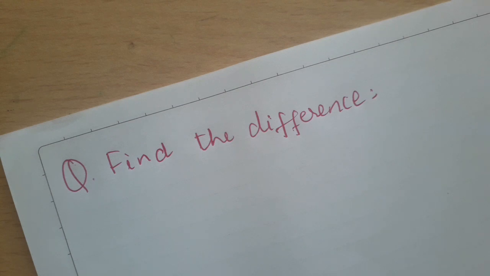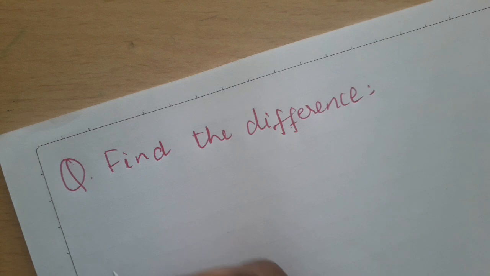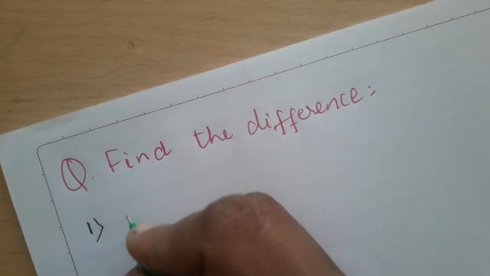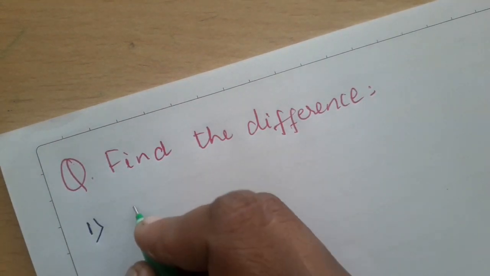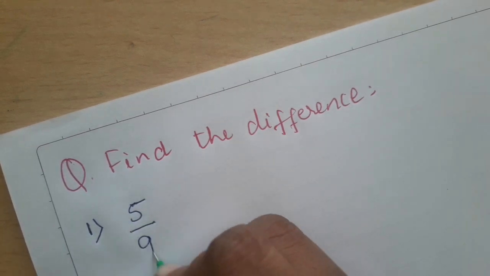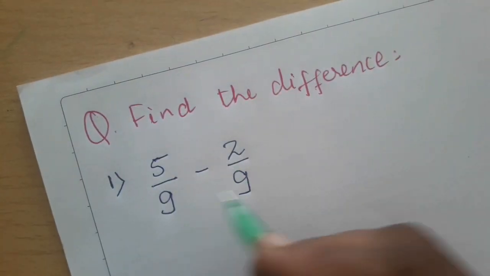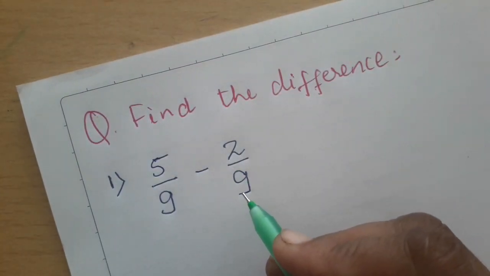See the question given here, find the difference. First we are going to start with subtraction of like fractions. In like fractions, as you know, the denominators are same. So let me write the fractions whose denominators are same. If this type of question is given, how are you going to proceed?